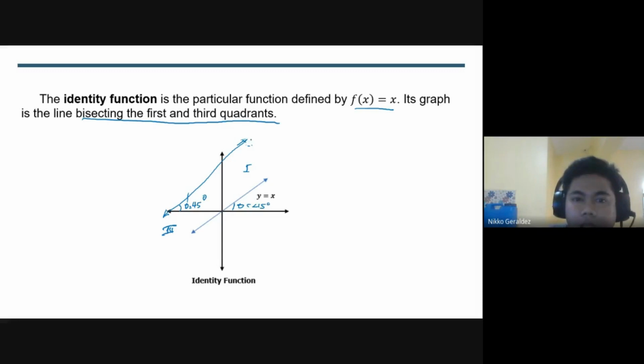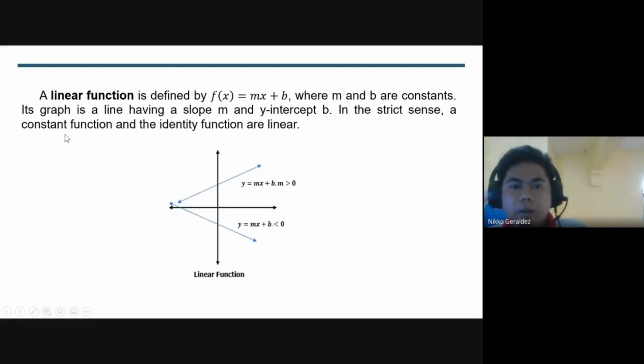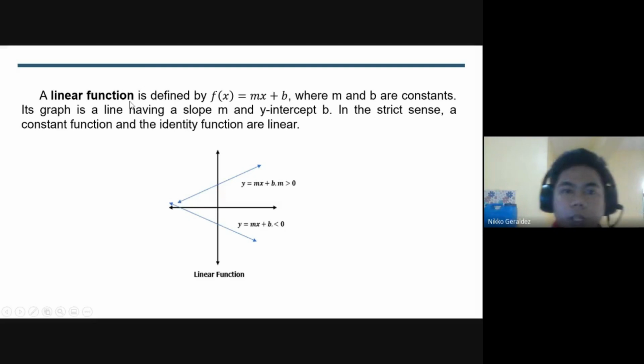So what do we call it? If it is not an identity function, it is called a linear function. A linear function is defined as f of x equal to mx plus b, where m and b are constants.